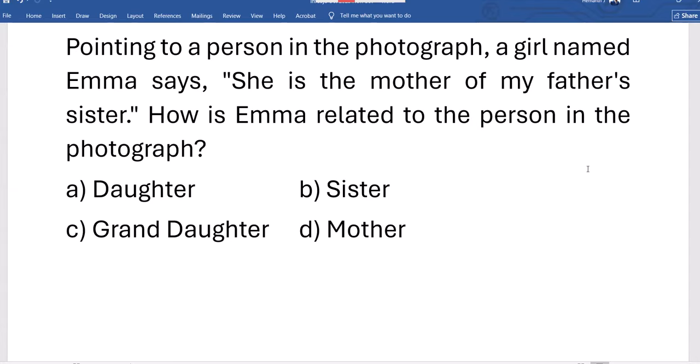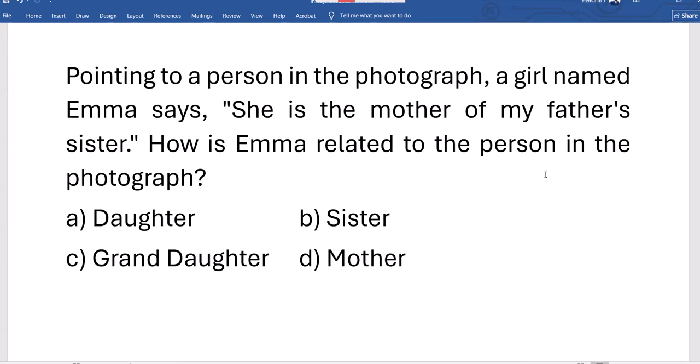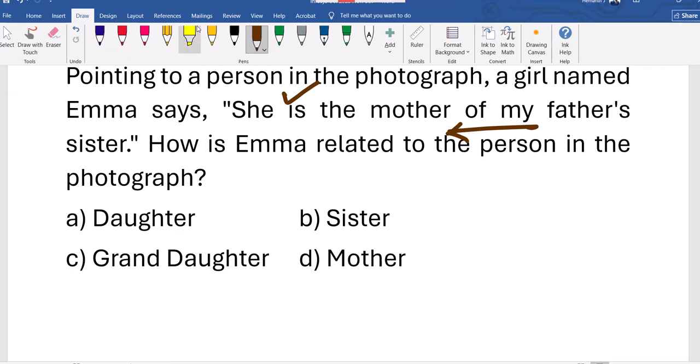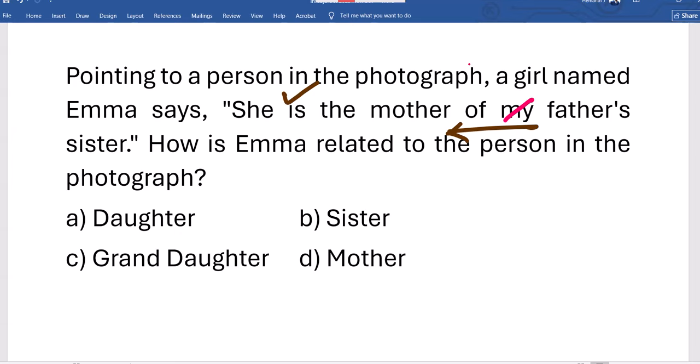How to handle this type of question: after the words is, as, was, we have to read from back to front. Here, my means whom? My means Ema. So, Ema, father, sister, mother.